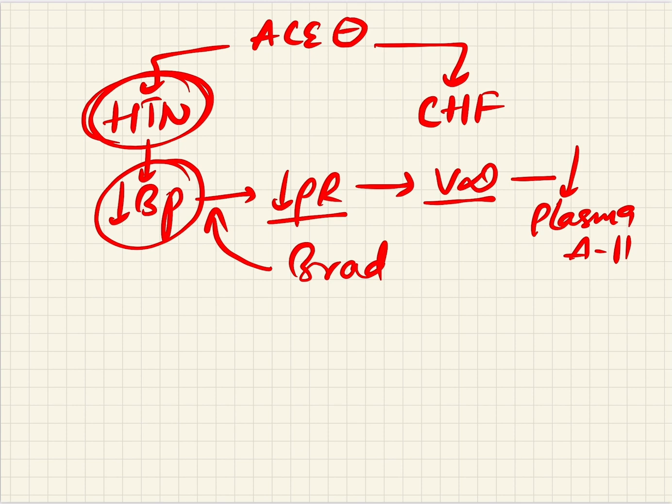So why is there a decrease in blood pressure? Due to the inhibited formation of angiotensin 2 and increased bradykinin. Together with that, left ventricular hypertrophy is also reversed, and therefore it becomes the first line drug in CHF, and it also increases the cardiac output by decreasing the ventricular afterload.